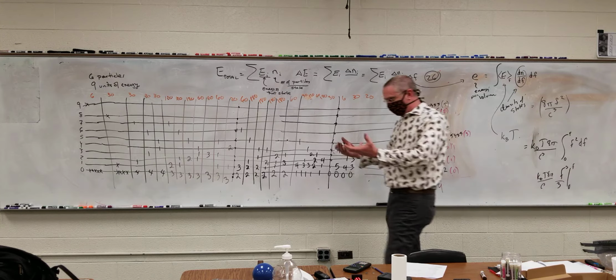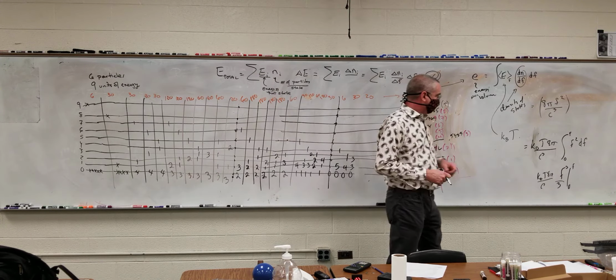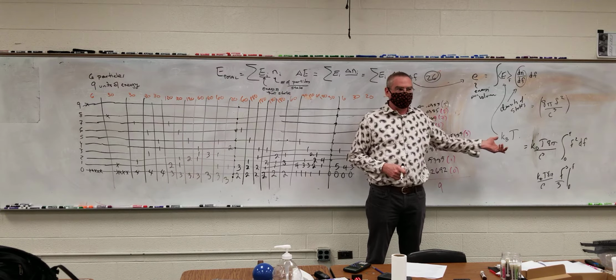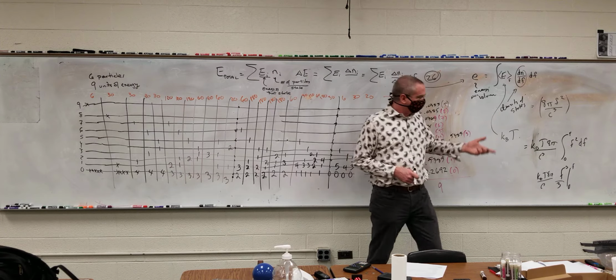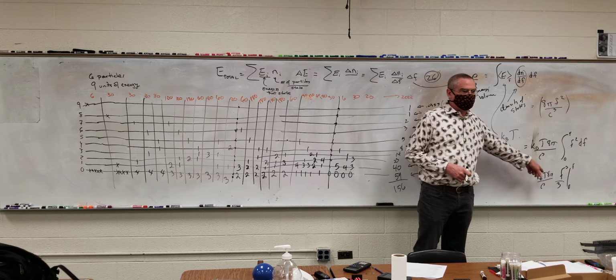So if I were looking at something coming off of an object, the total amount of energy coming off of it depends upon what that last frequency is. Well, there's no reason for that last frequency to be anything in particular. So this would give me an infinite amount of energy.